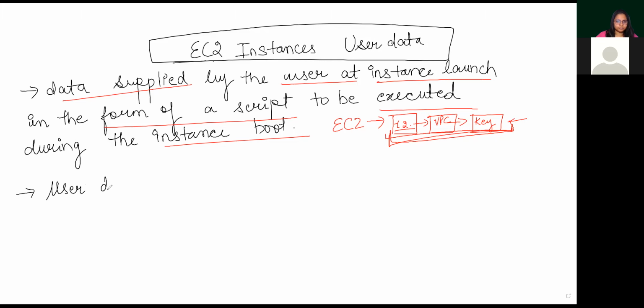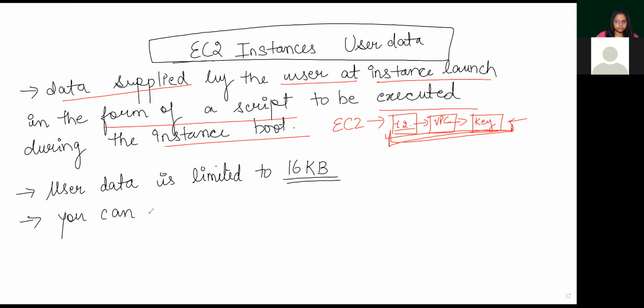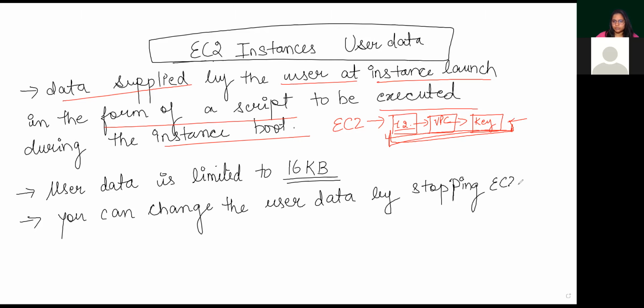User data is limited to 16 KB. A user can only create data of 16 KB. You can change the user data by stopping the EC2 instance first.